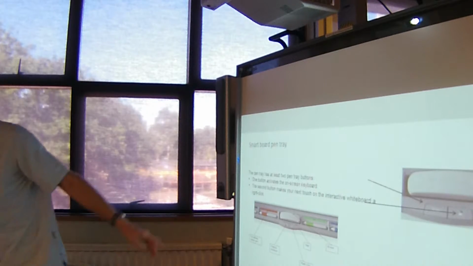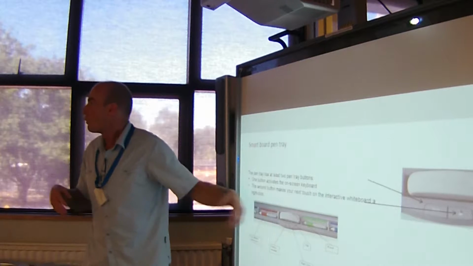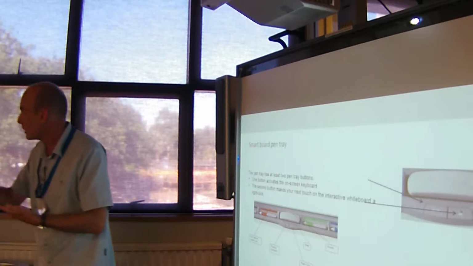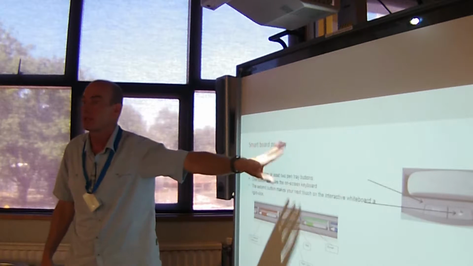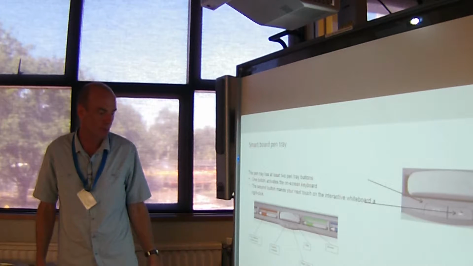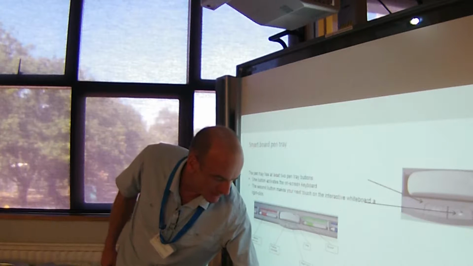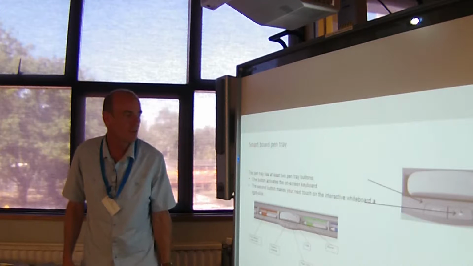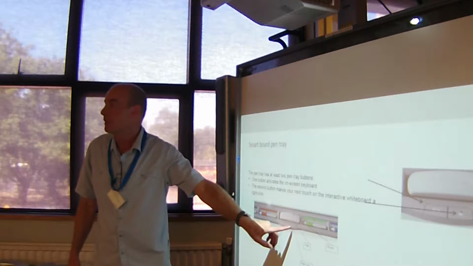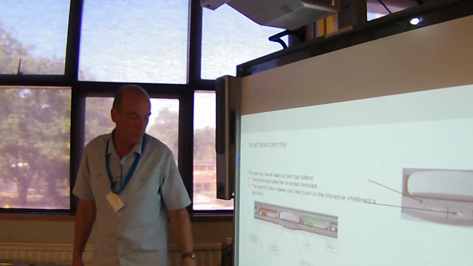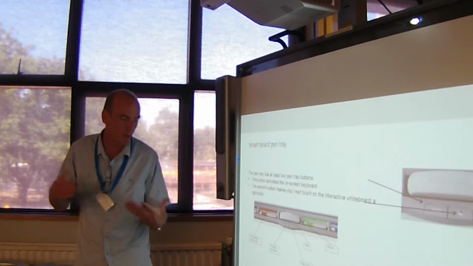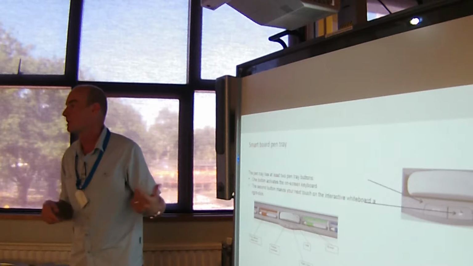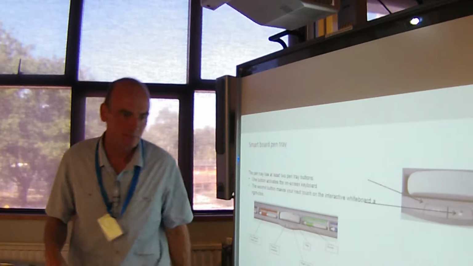And again, the important thing is whatever you have on your PC or your Mac, so whatever learning object you've created, you can display on the whiteboard. This one has a few pens enabled and a few buttons on the front, slightly different than the version here. If it has a symbol of a keyboard, it's going to bring up an on-screen keyboard. If it has a symbol of a mouse, it's going to act like a mouse.